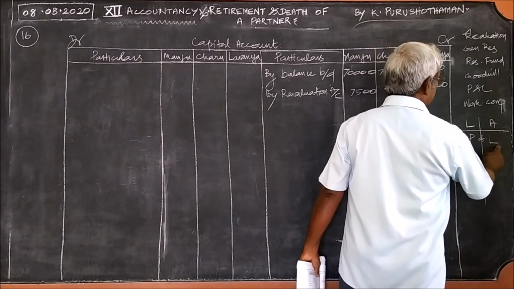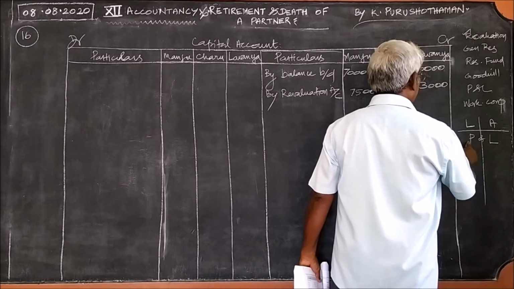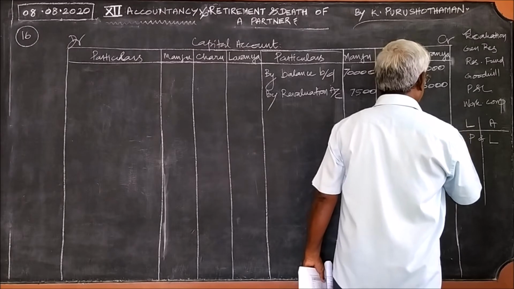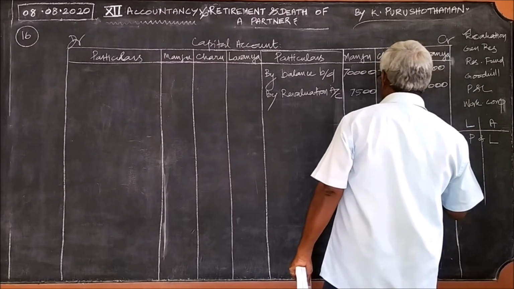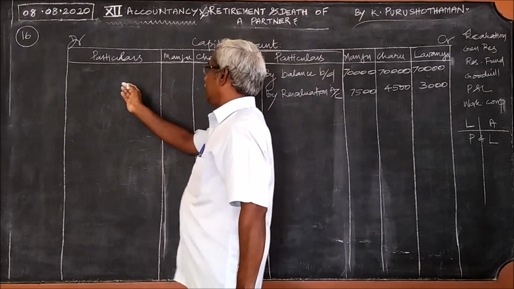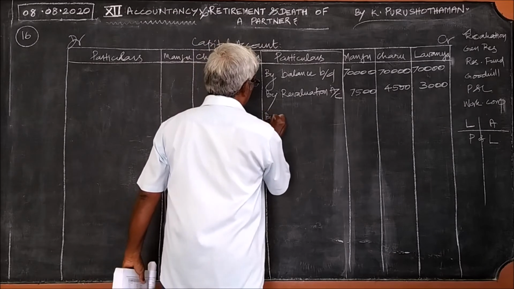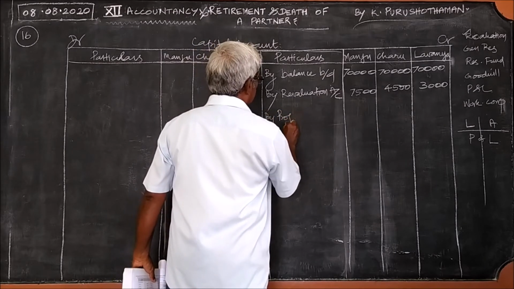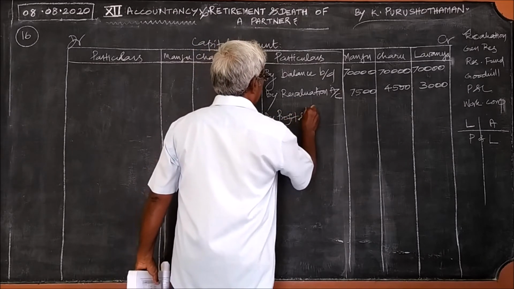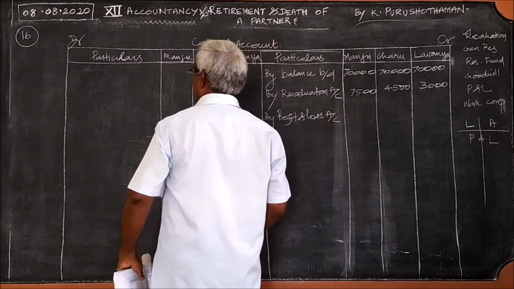If it appears on the asset side, it is loss. Here in this problem, profit and loss account appears on the liability side, it is profit. Since it is a profit, we should write it on the credit side. If it is a loss, we should write it on the debit side. Okay, it is a profit, therefore by profit and loss account. What is the amount given there?